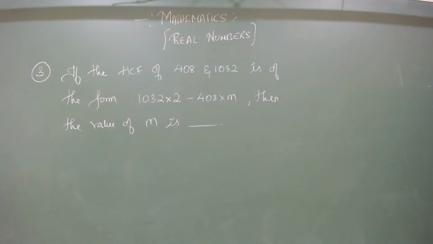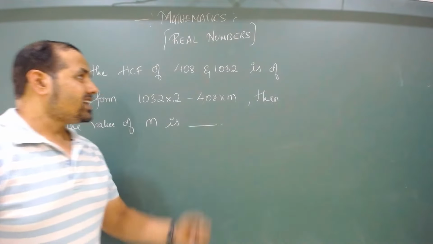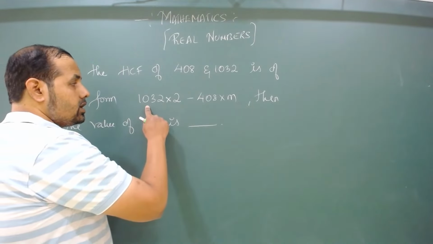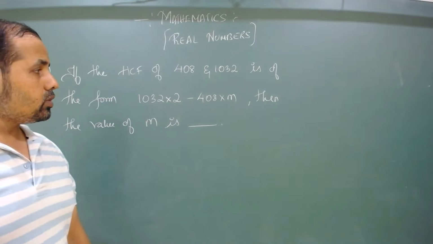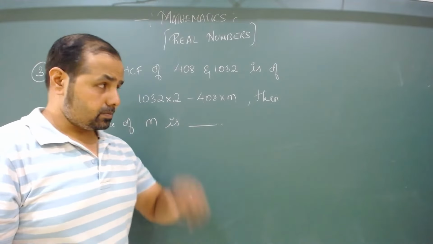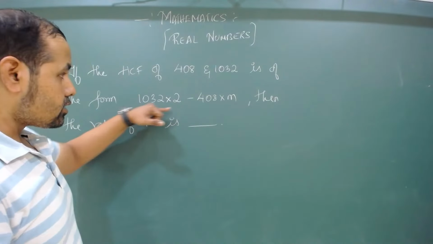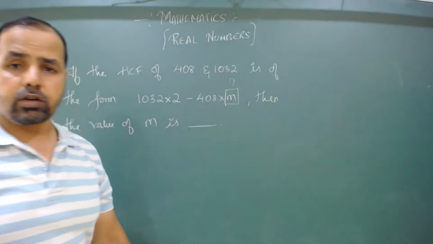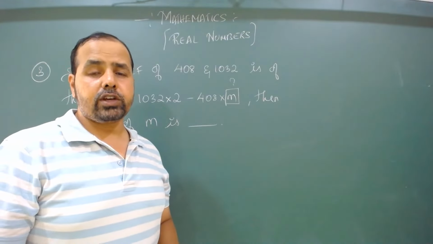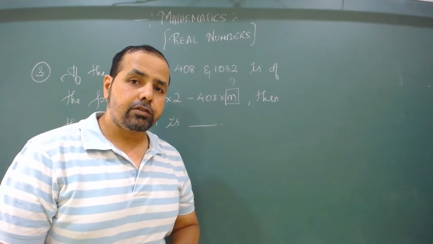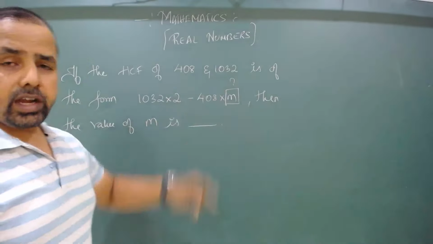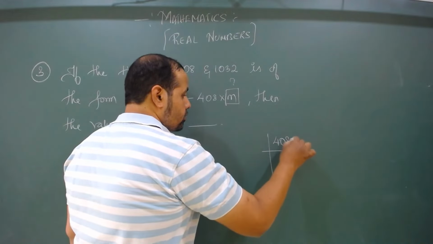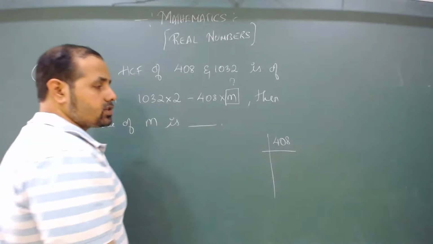The first thing is they say that the HCF of 408 and 1032 is expressible in the form 1032 into 2 minus 408 into n. If it is written in this form, what is the value of n? For this, we first have to figure out the HCF of 408 and 1032. So let us find out the HCF of 408 and 1032.